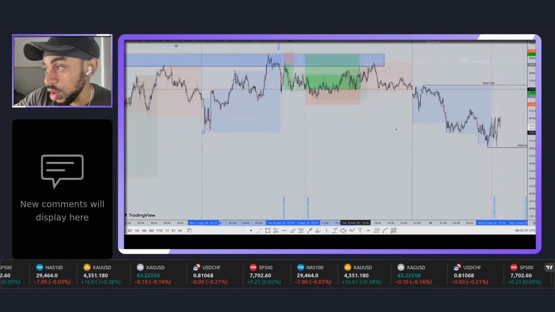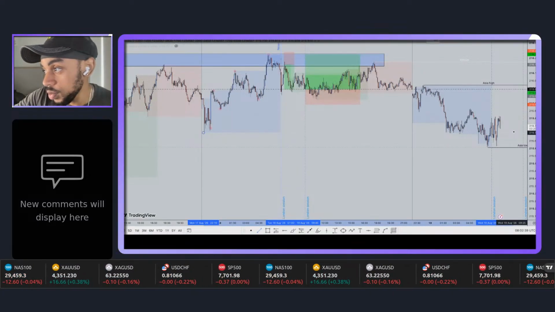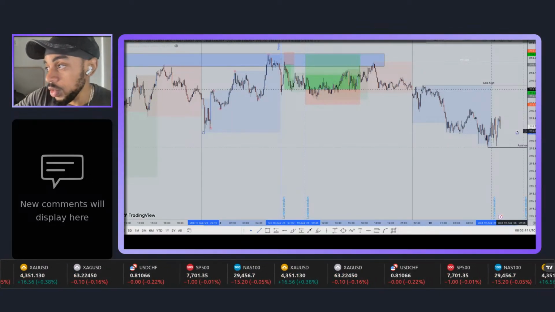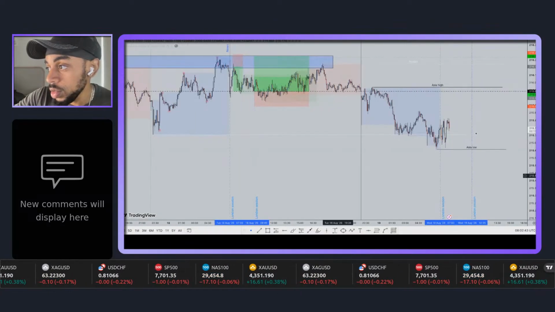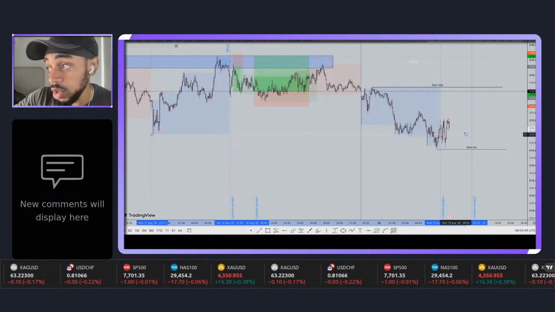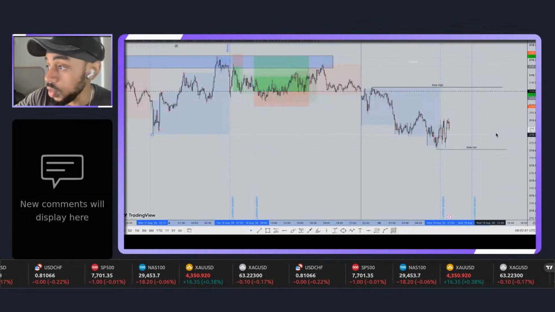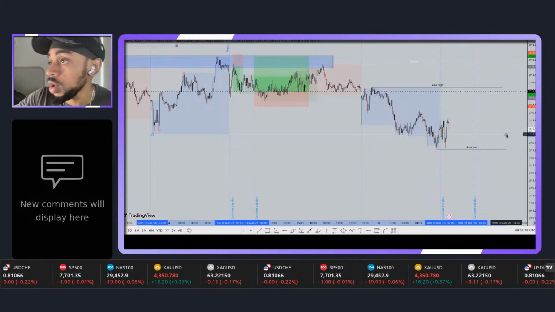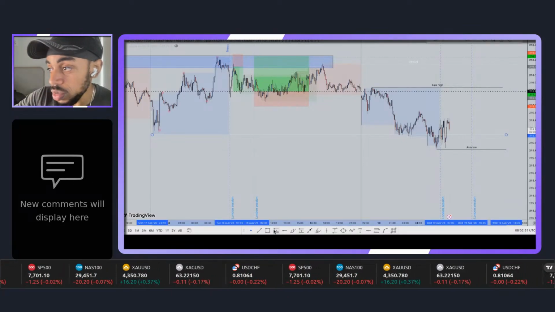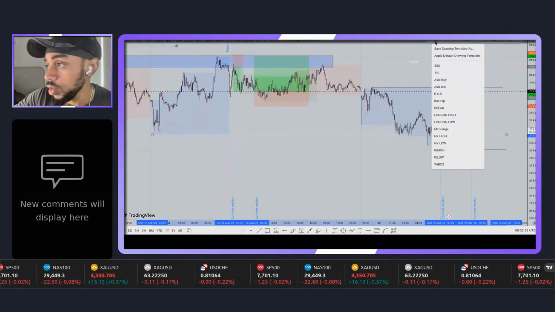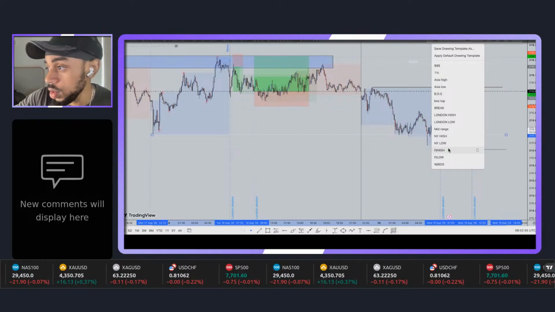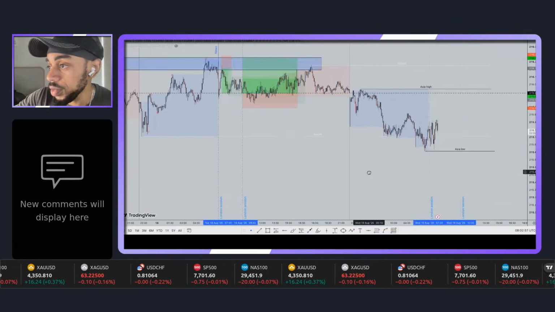So this is our previous day low over here. And really and truly speaking, I think the previous day low is where we're going to find our entries for today. So that's a previous day high, previous day low.